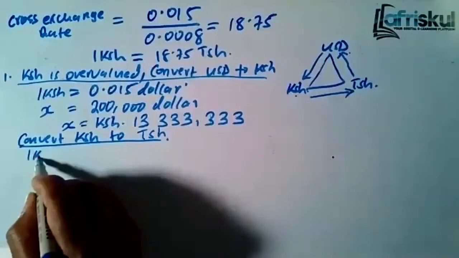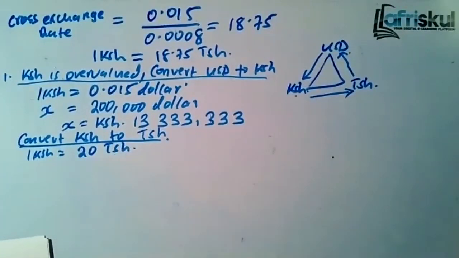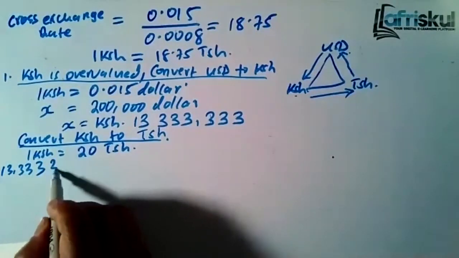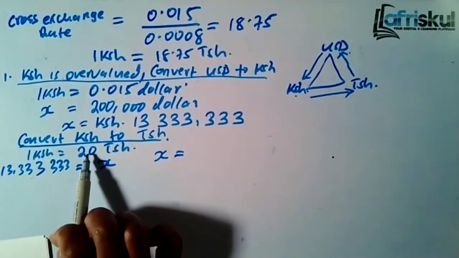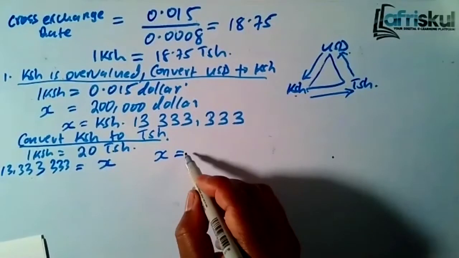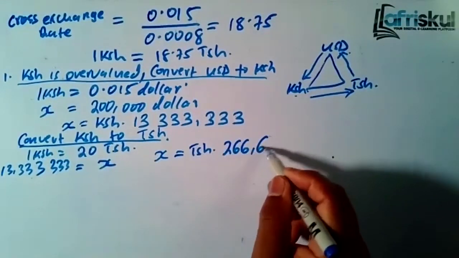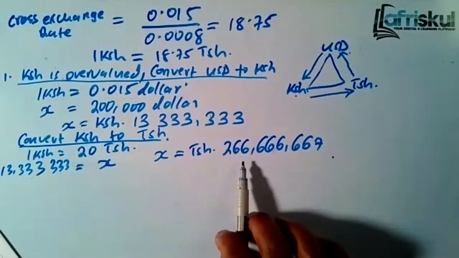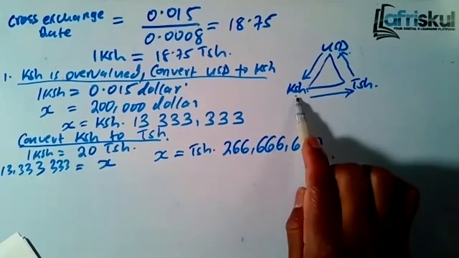So for 13,333,333 Kenyan shillings, you multiply by 20, and you'll get 266,666,667 Tanzanian shillings.